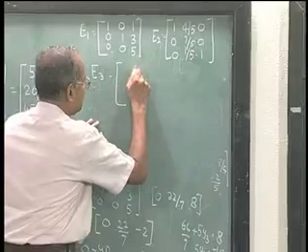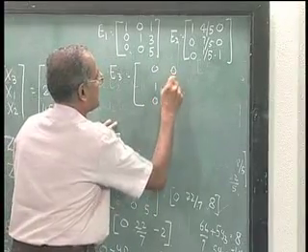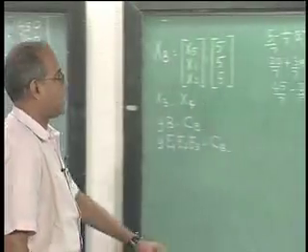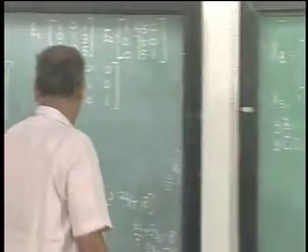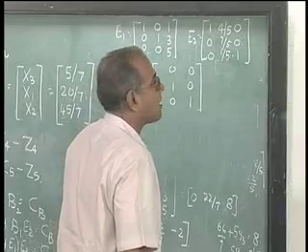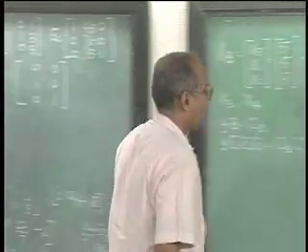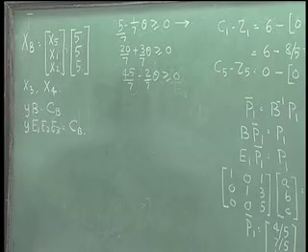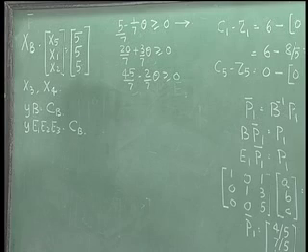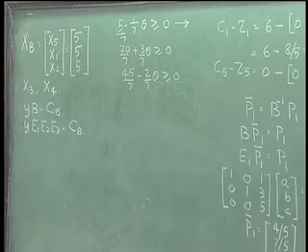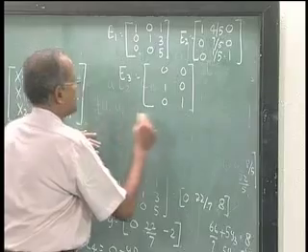So, the other two columns will be 0 1 0 and 0 0 1, and the first column will be corresponding to P bar 5, which we found out as 1 by 7, minus 3 by 7, and 2 by 7.